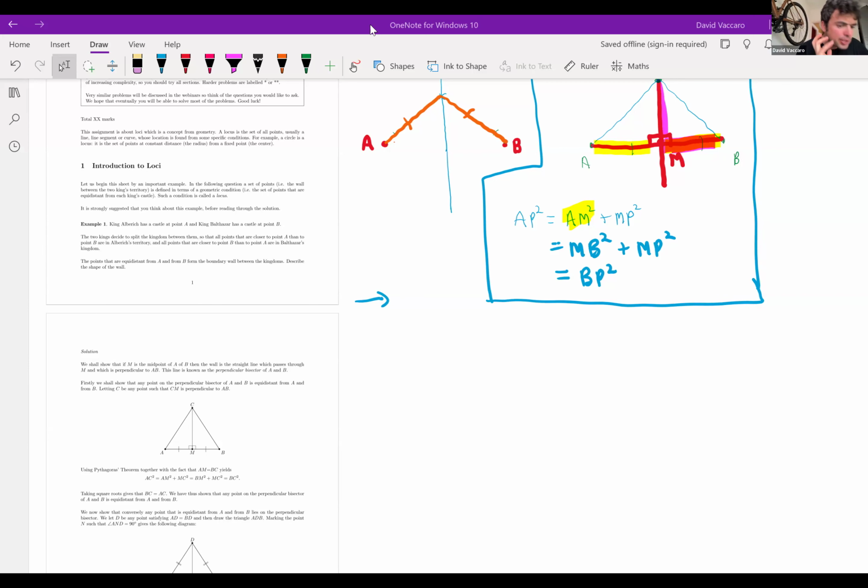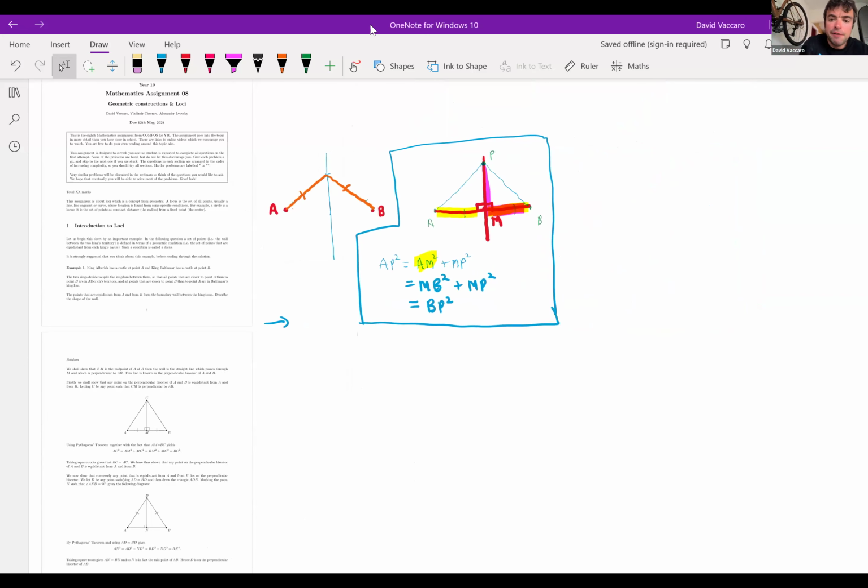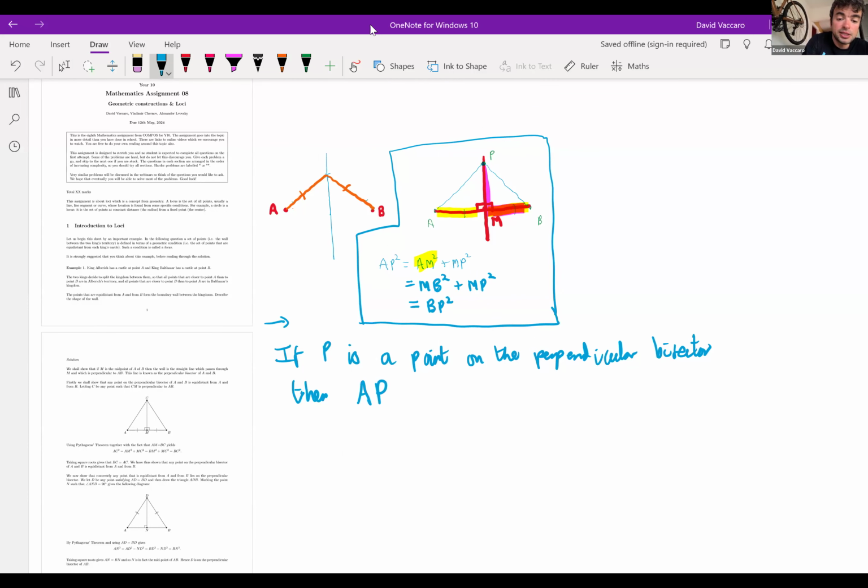So I'm going to really labor this point of logic. What this argument has shown is that if I take a point on the perpendicular bisector, so if P is a point on the perpendicular bisector, then this argument shows that the distance AP is equal to BP.